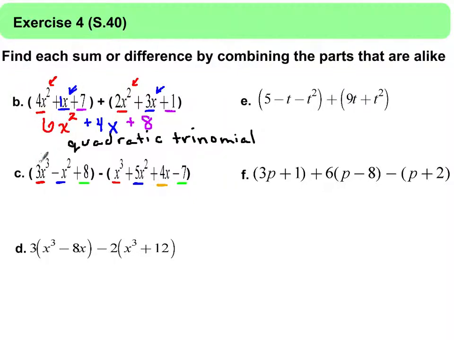So if I subtracted it together, 3 minus 1 will give me 2x to the third power. And then if I look at here, this is a negative 1 minus a 5.